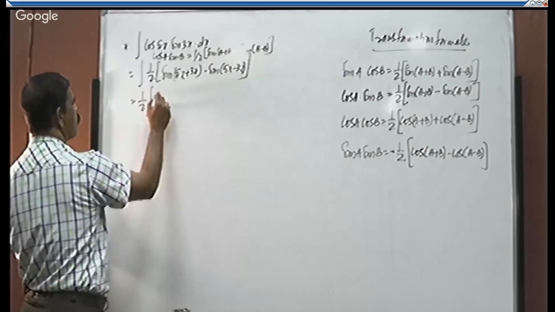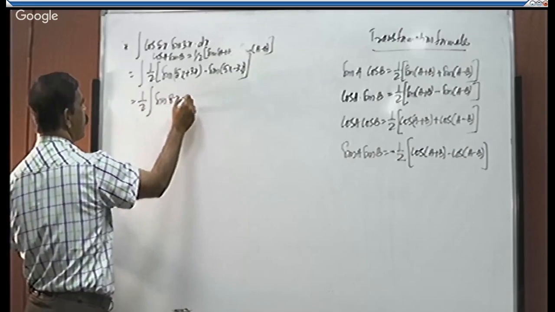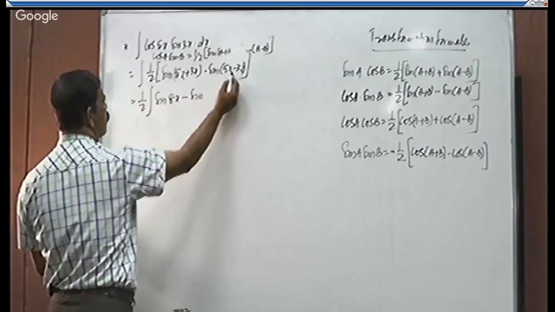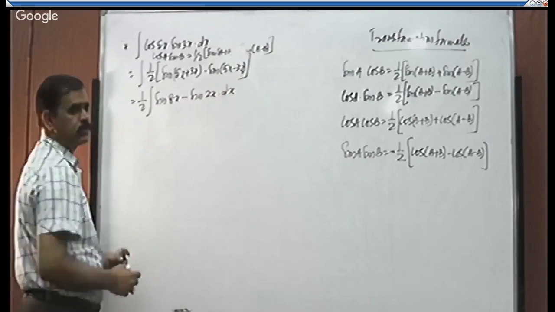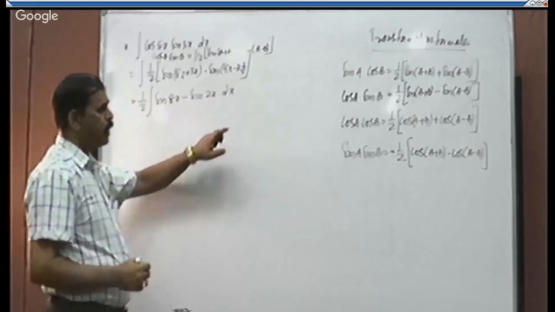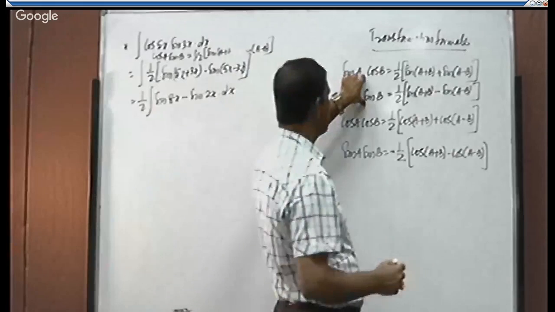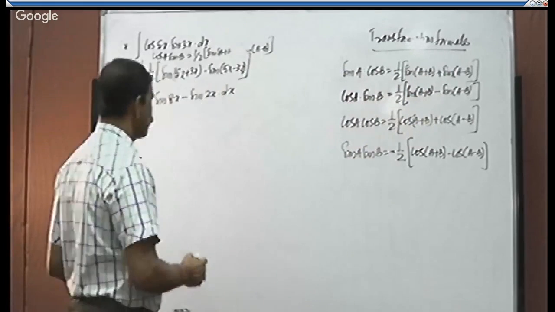What is remaining? Sine of 5x plus 3x, 8x, minus sine of 5x minus 3x, it is 2x, into dx. We can integrate it, right? The product is converted into sum or difference. Then it will be integrable, right?